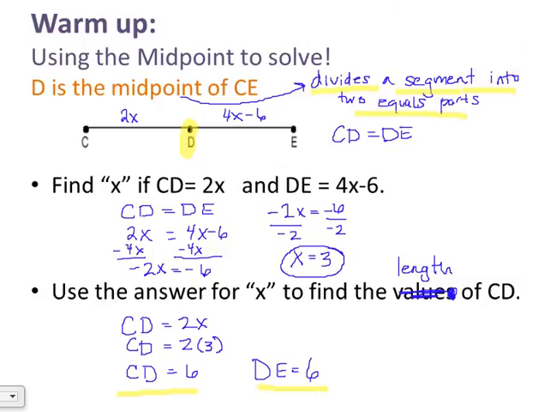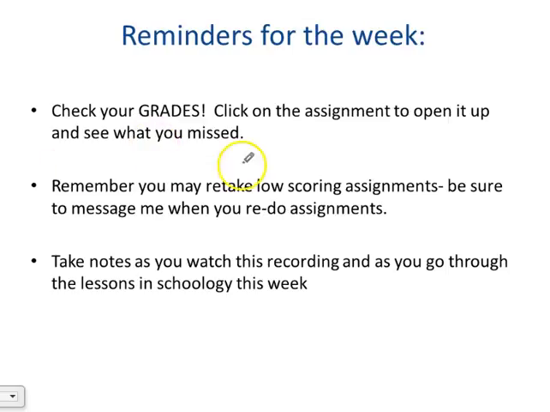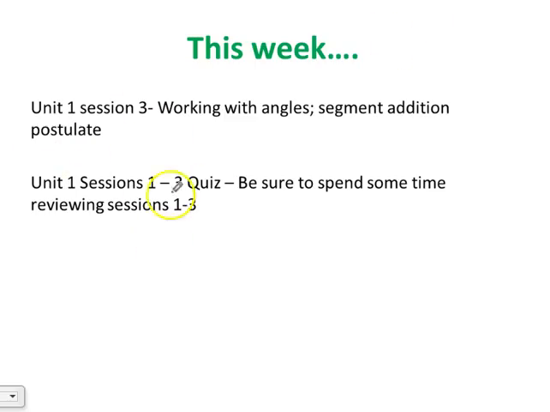Alrighty, so that was a great review of what we did in Unit 1, Session 2. Which is nice because, as I mentioned, this week you will take a quiz over sessions 1 through 3. Before you take the quiz, you will be learning about the angle addition postulate, which is very similar to the segment addition postulate, but now you'll be using angles.